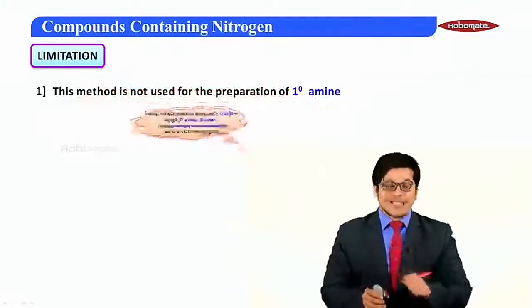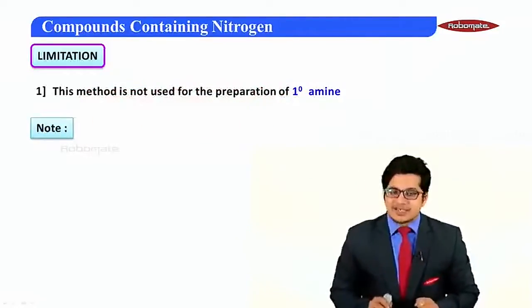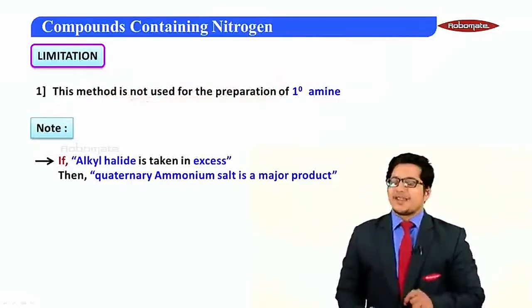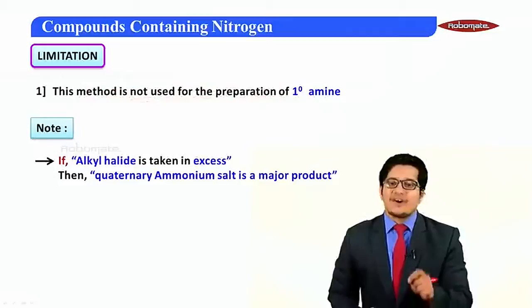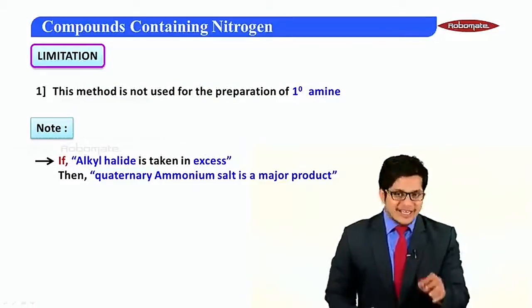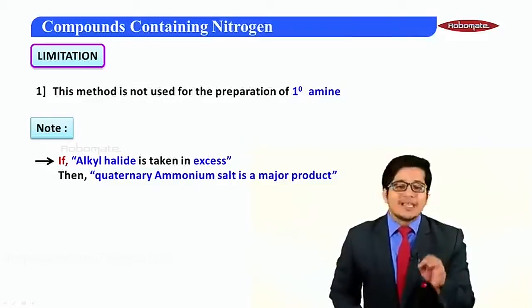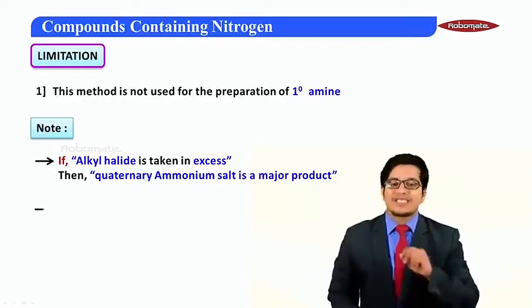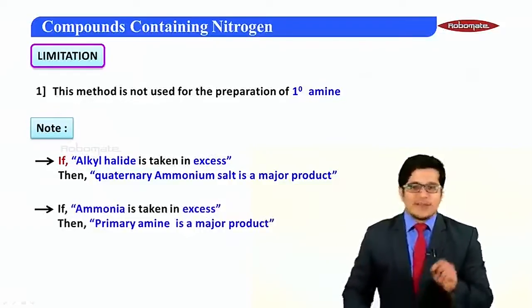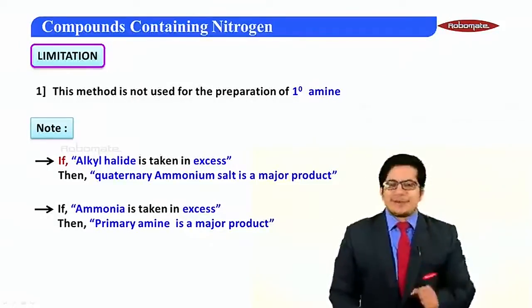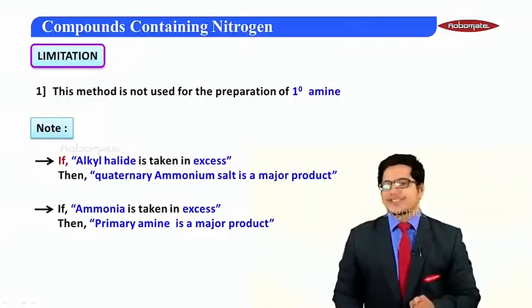No. A note for this limitation is that if you take excess of alkyl halide, then quaternary ammonium salt would be the major product, and vice versa. If ammonia is taken in excess, then primary amine would be the major product.